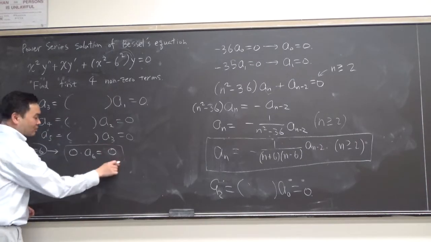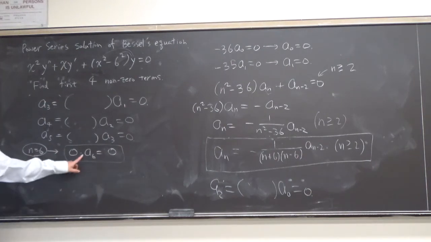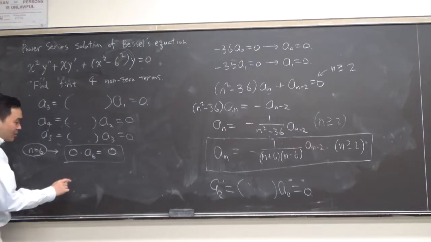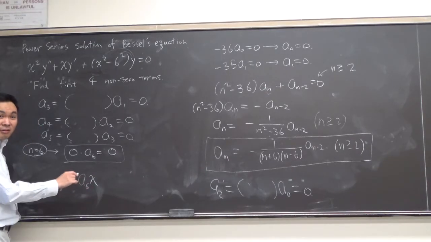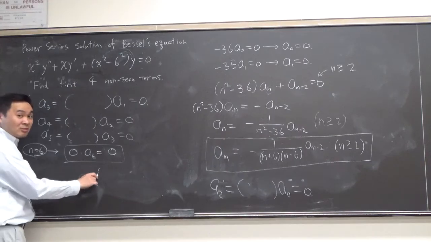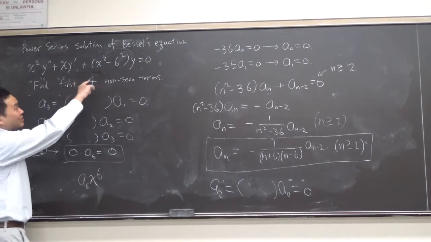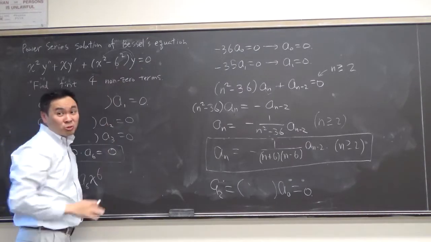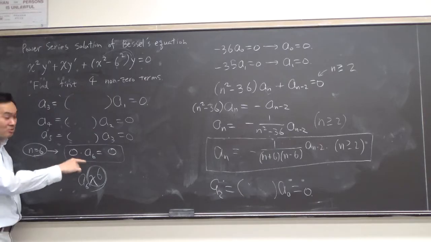So you need this. What satisfies this? Anything. So you can make a6 non-zero. So that's going to be our first non-zero term. But wait, what does that mean? See, a6 is the coefficient of x to what power? x to the 6th power, right? So as I said, Bessel's function of order nu would be divisible by x to the nu power.